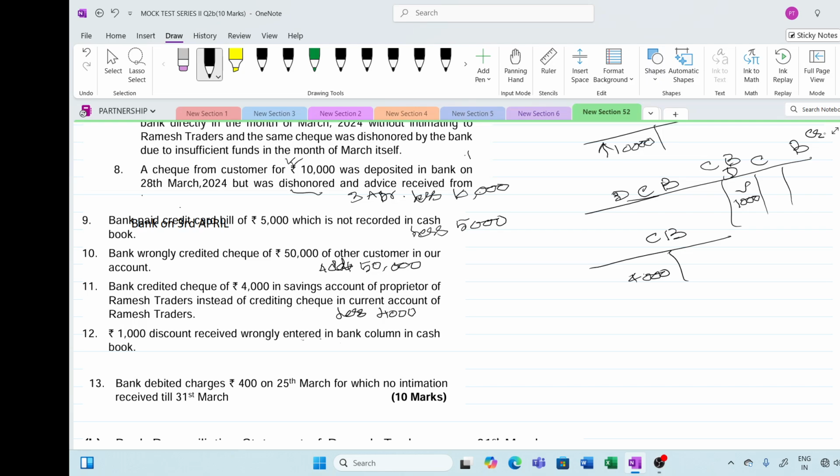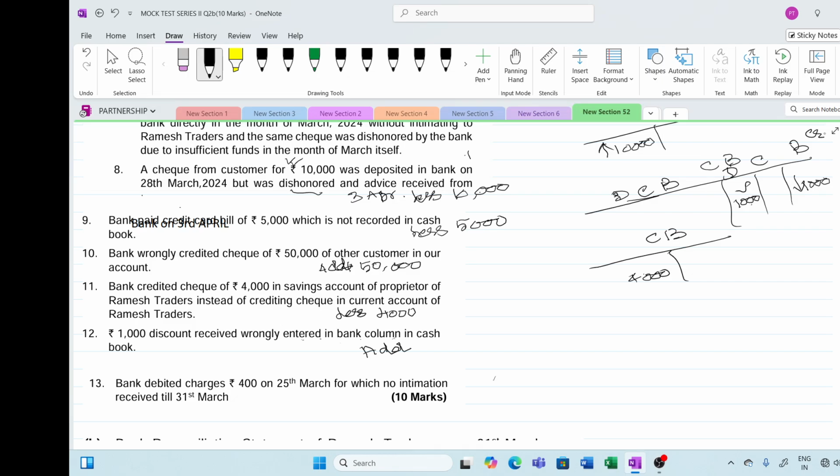But what they have wrongly entered in the bank column, instead of writing in the discount column, they have written in this column in the Ramesh Traders. So immediately they would have reduced the balance. But this is not the case in the case of bank. In the bank, this amount would have increased the balance. So add, because we are reducing it by mistake.